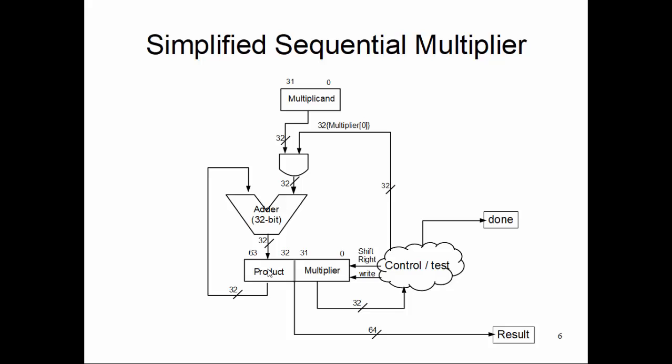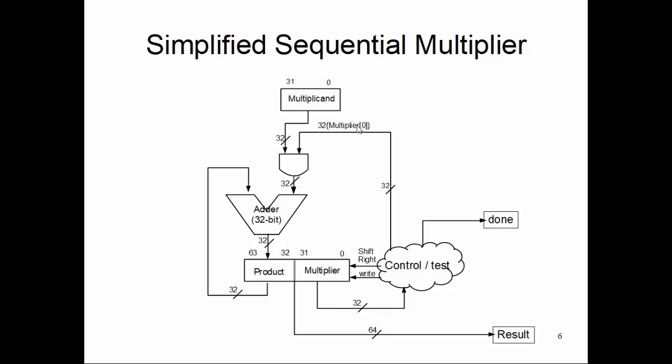This 32-bit product goes into the adder as one of the operands, and the other operand comes from the multiplicand through a 32-bit 2-input AND gate. The other input is the LSB of the multiplier, replicated 32 times.